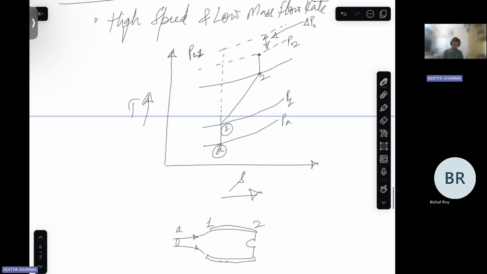Also, T naught 1 is equal to T naught 2. In the diagram this has not been drawn too accurately, but these two points will fall on the same vertical axis. These will fall on the same point. So the flow is pretty good.